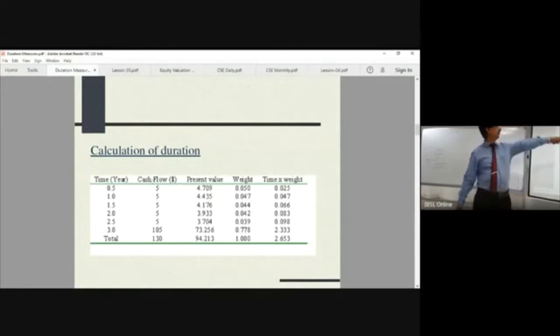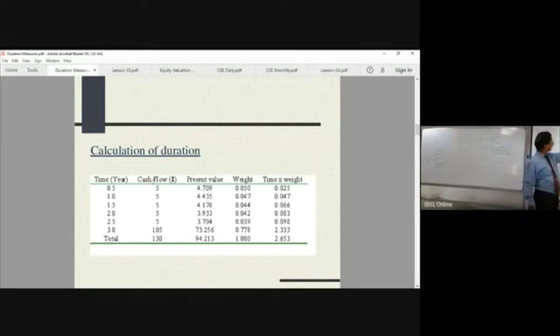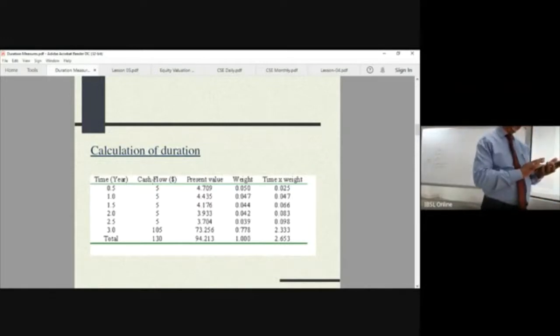Now our convention is, we have done it for 3 decimals. And the next one, there what you do is 4.435 divided by 94.213.